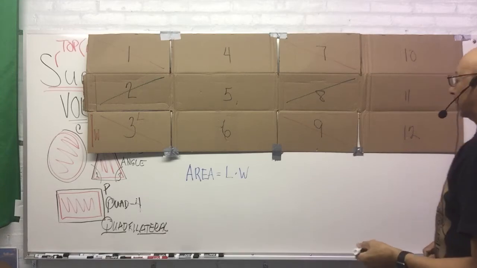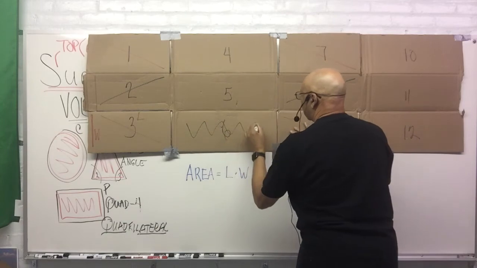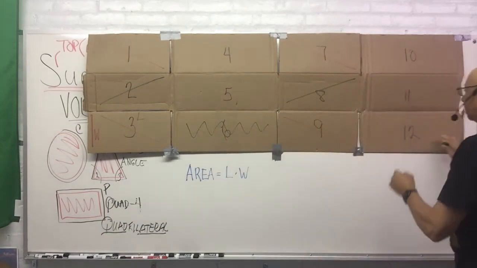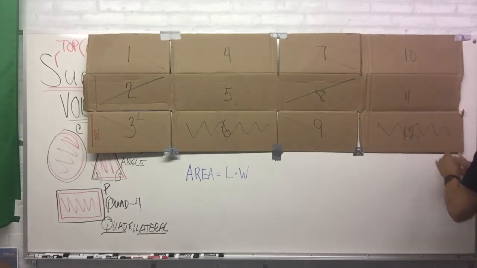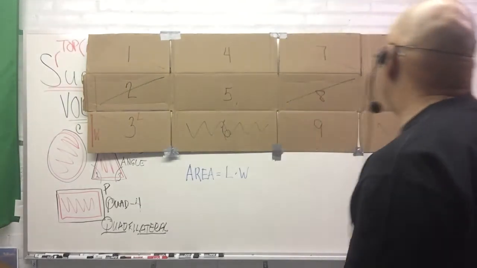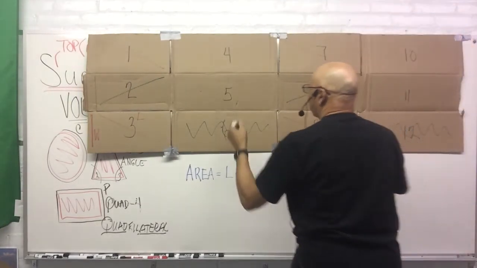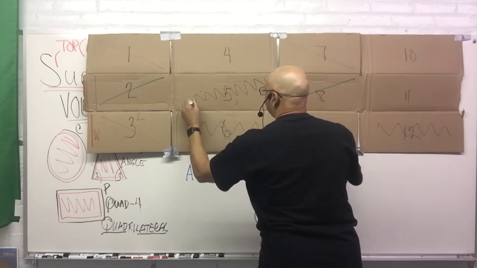And 6, we'll do it this way, 6 was the same as 12. I hope you're seeing this okay. And then 5 and 11 were the same. I'm going to do it this way. 5 and 11 were the same.